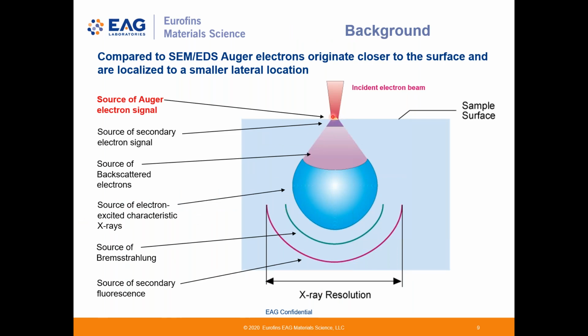So if you want to look at particles in this range, Auger would be the technique of choice, but if it's larger than that, you can also use EDS because it has the advantage of not only looking at these particles, but also gets more of a bulk analysis rather than surface analysis. So SEM EDS is very useful for areas of a micron or several microns. And it's a good, quick technique to use as a quick check for different contamination.